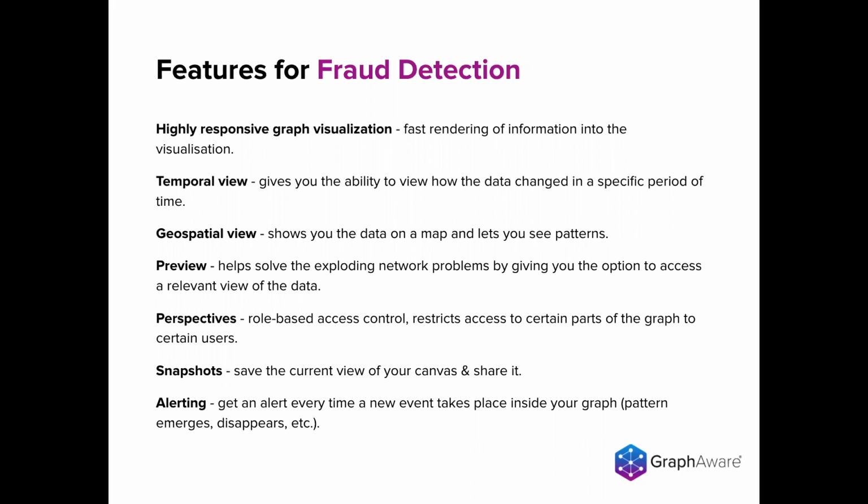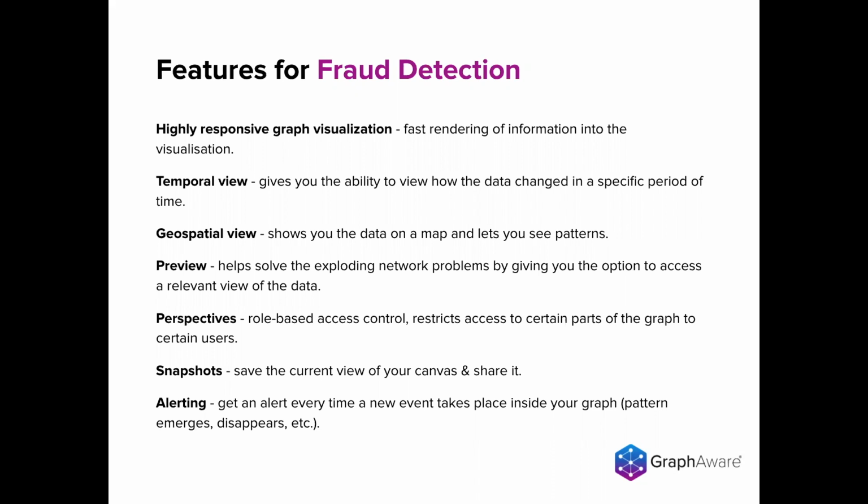Datasets are often very large, and then they can't be analyzed in their full size. Hume offers several ways to prevent exploding networks, such as virtual relationships and previews. And you're going to see that later in the demo as well, how we work with a very, very large data set, but we only work with one aspect of it.